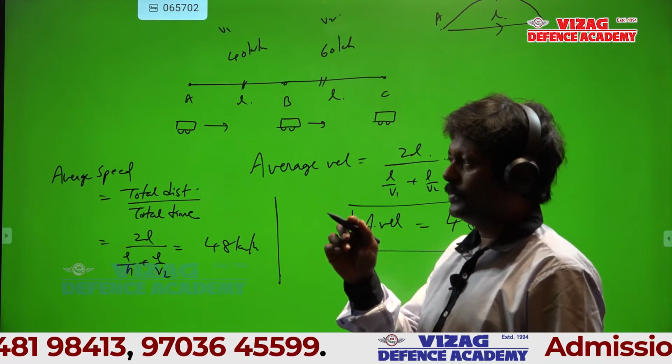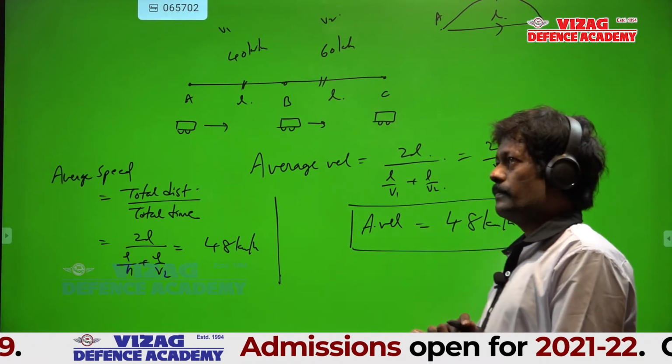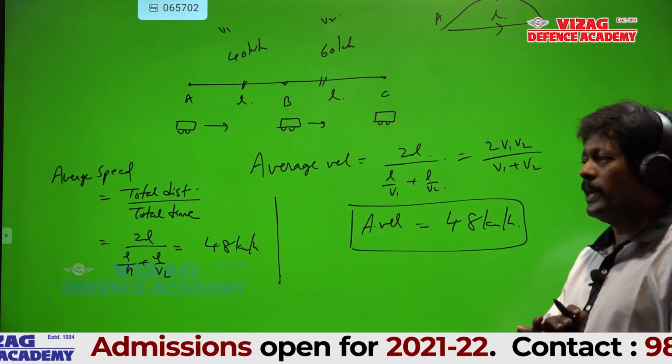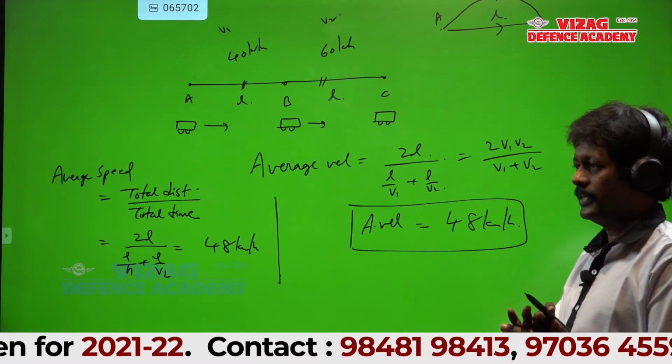Now remember, Bhumaitri, a scalar is a physical quantity which has magnitude only, it has no direction.